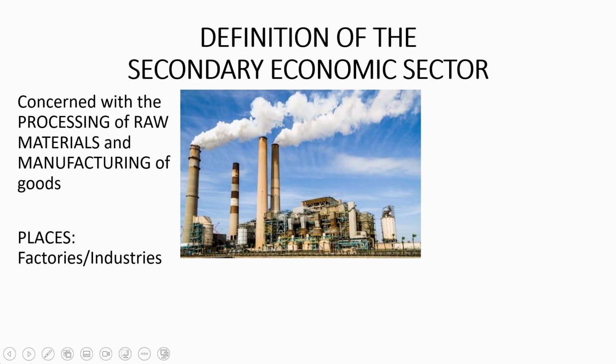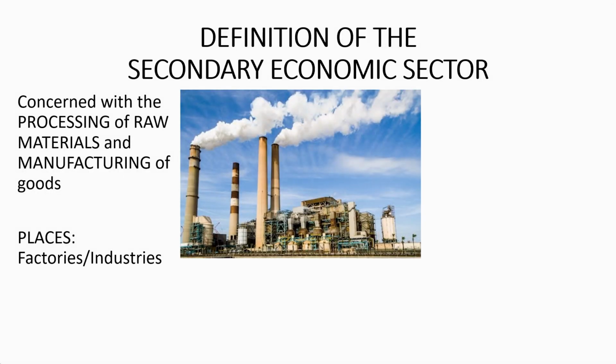Most importantly, we are trying to convert the raw material to make it more useful to humans, okay? So you shape it, you process it, you make it usable, more beneficial to the economy and to the people of the country.